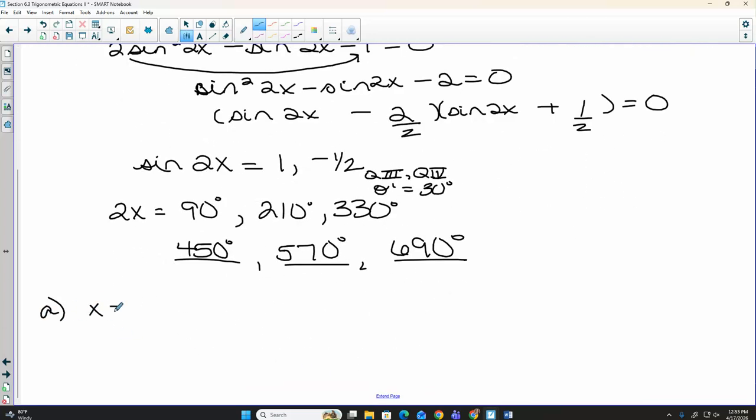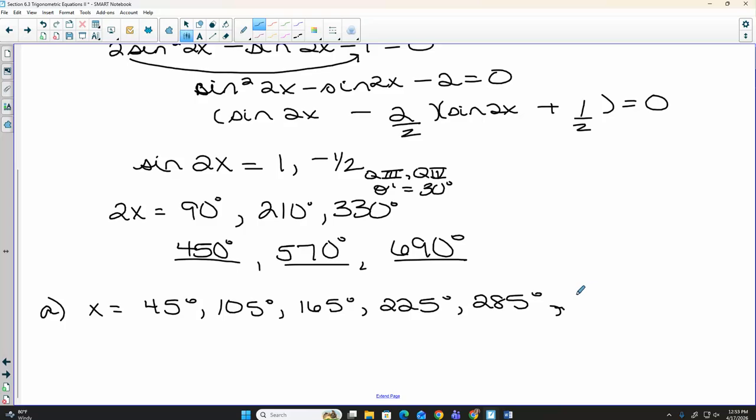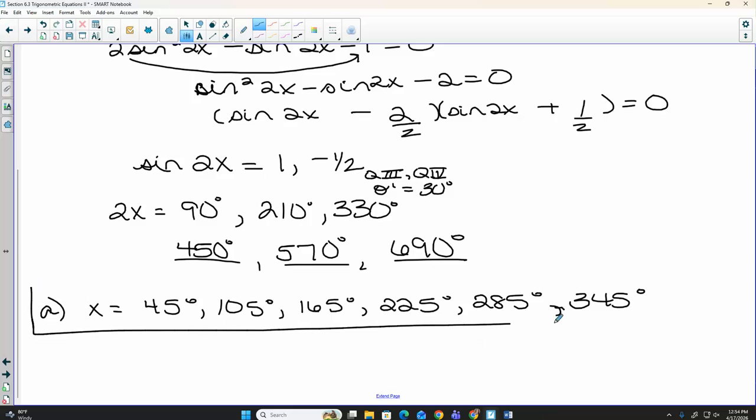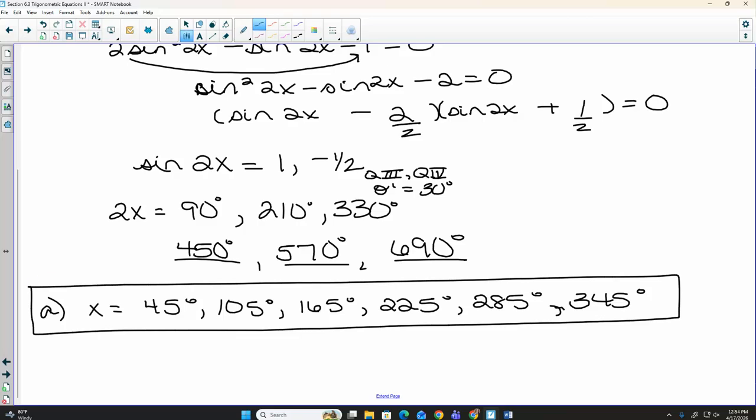To find x, we now divide each of these by 2. So we get 45. Okay with that?